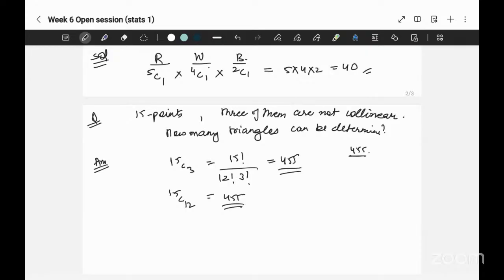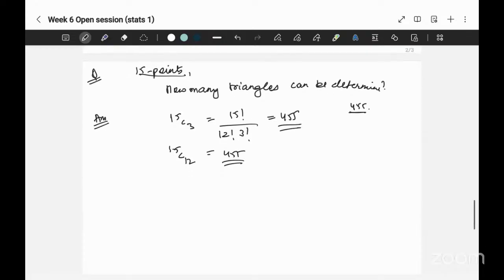So let's suppose this thing is not there. Then there are 15 points. How many triangles can you determine? Then it will be 15C3. So in short, they have just said that to confuse you, that 3 of them should not be collinear. That's it.